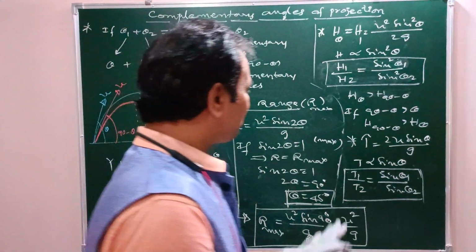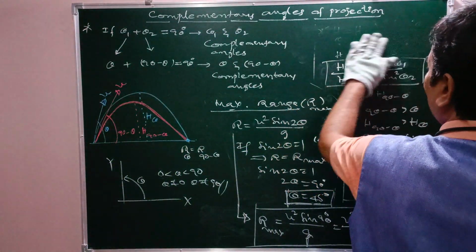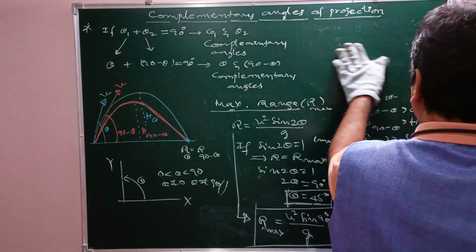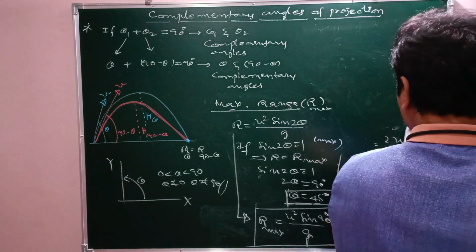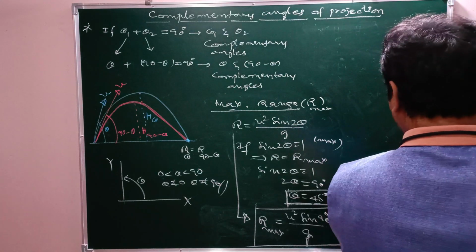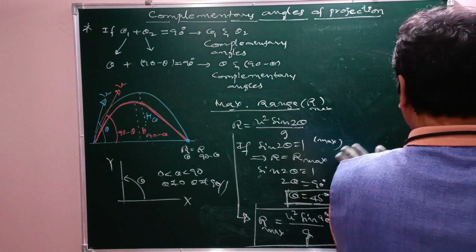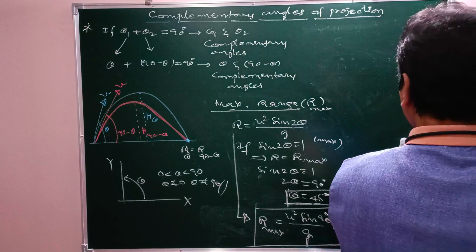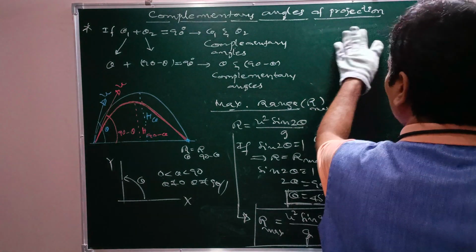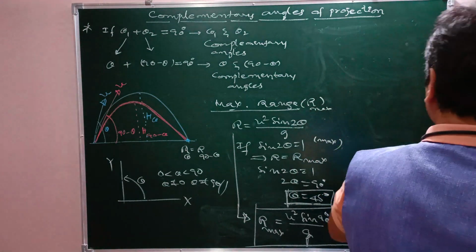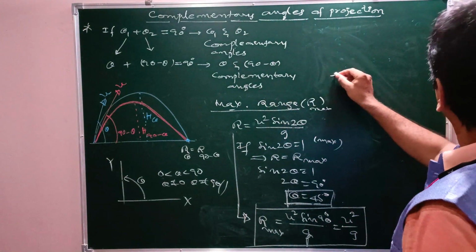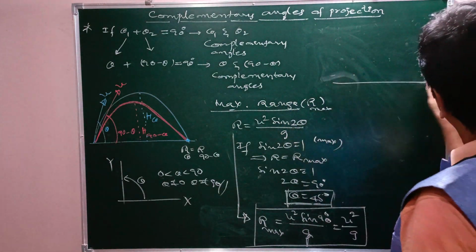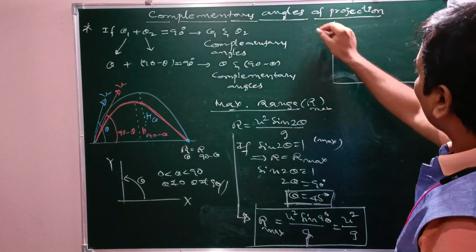Maximum range means, suppose I am trying to project an object at a given place with the same speed but in different directions. Let me examine for what angle of projection the range becomes maximum. This is the xy plane, x and y.